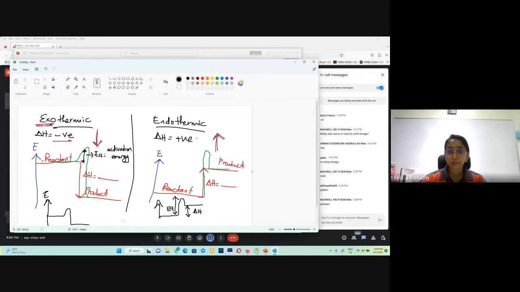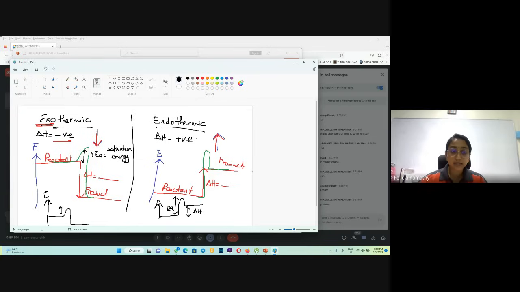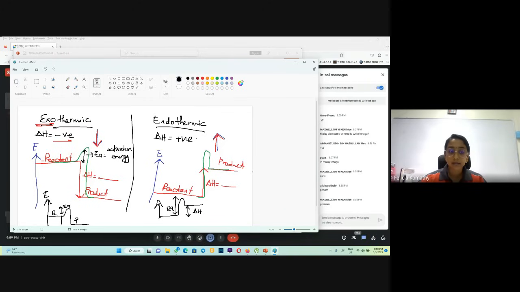This will come out for your Paper 1. You should know how to calculate. Here, the EA level is here. Reactant to the peak is your activation energy. The difference between reactant and product is your delta H. Can you see the level difference? Do you understand? Can you get it? This part is very commonly asked, so you should know how to do it.